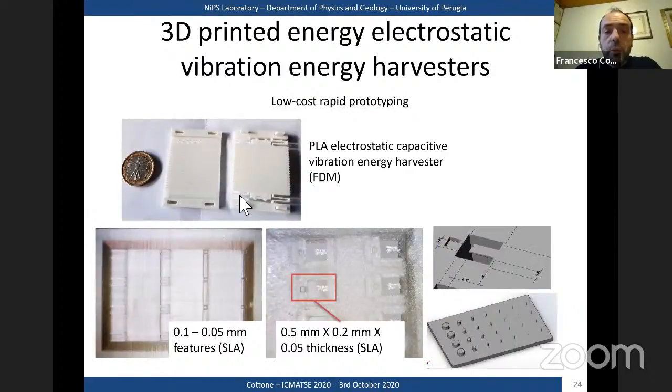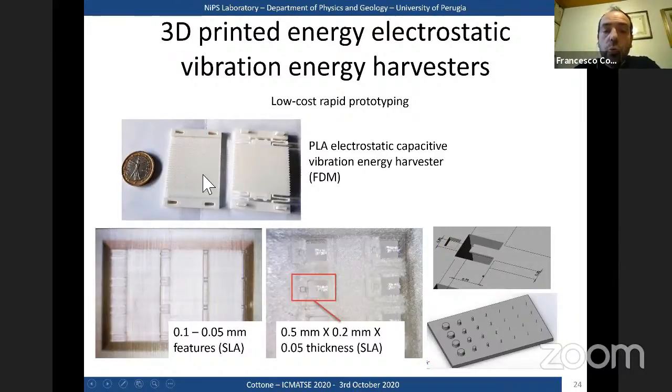So we did some experiments by fabricating, for example, a PLA 3D printed comb electrostatic vibration energy harvester like this one. This is just a first very simple prototype in which you have 2 electrodes, so 1 and 2.